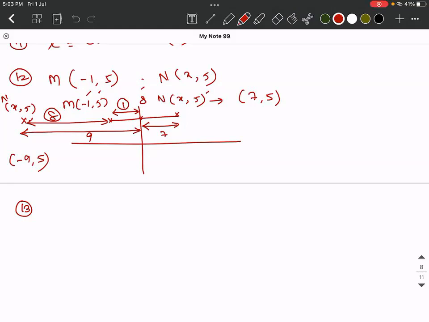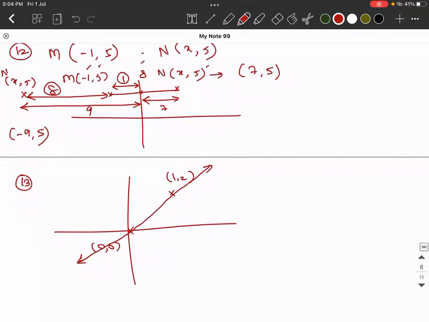Y is equal to what? What is the question? The points are 0, 0 and 1, 2. So y is equal to mx, because it's a line passing through the origin.